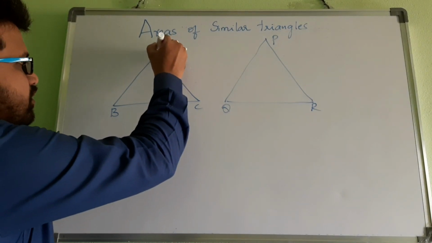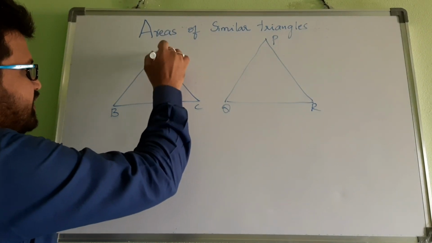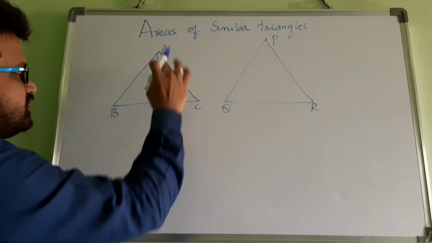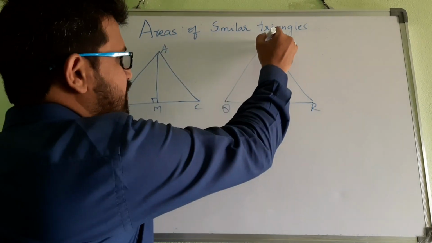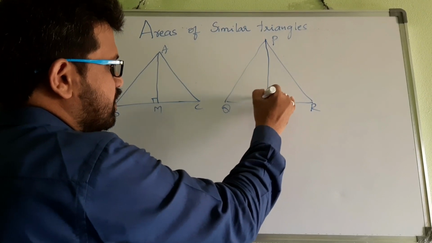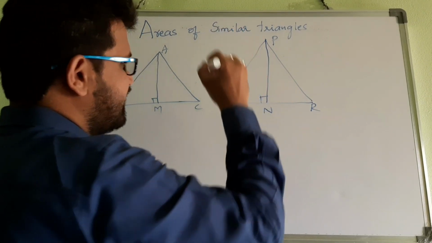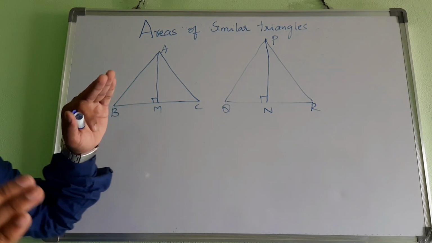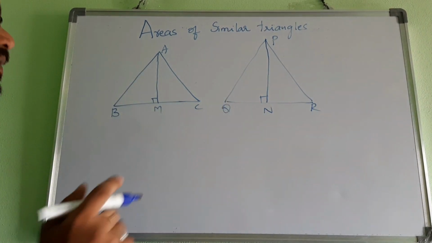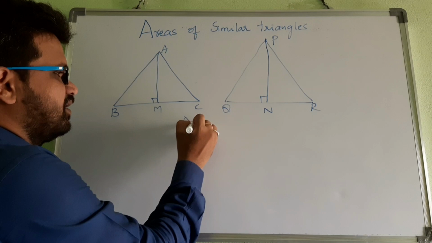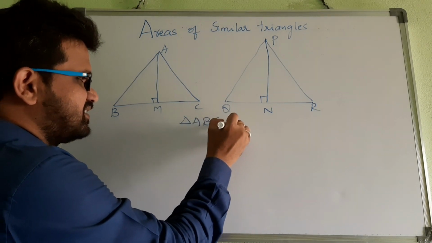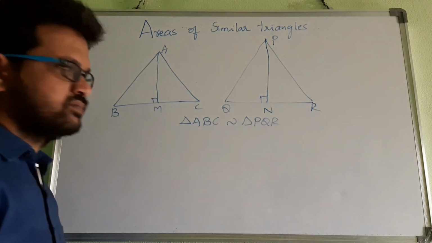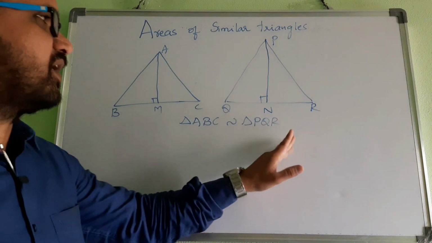Let us draw one perpendicular height. AM is perpendicular to BC and PN is perpendicular to QR. So already we know that these two triangles are similar, means triangle ABC is similar to triangle PQR.